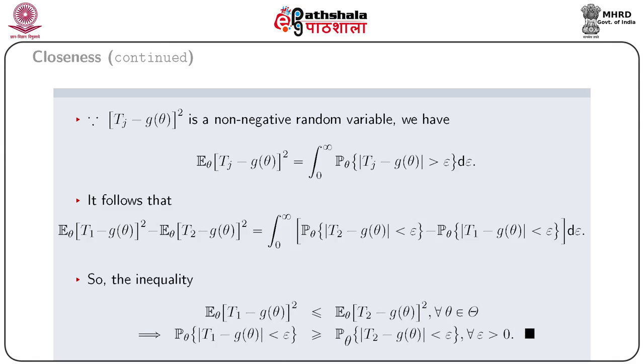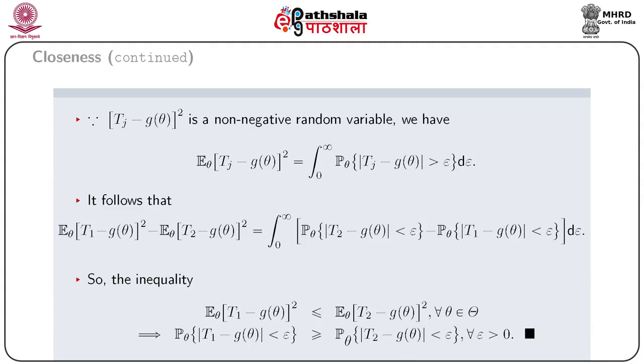Therefore, expectation T1 minus g whole square will be less than or equal to expectation T2 minus g whole square if probability under theta mod T1 minus g greater than epsilon is less than or equal to probability under theta mod T2 minus g greater than epsilon for all theta and for all epsilon greater than 0.